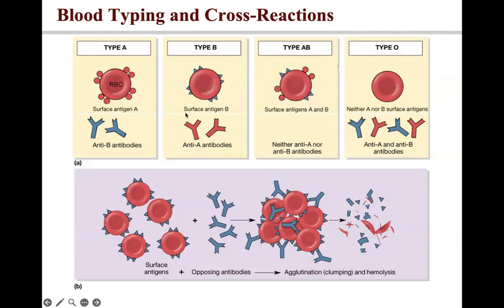But it can actually take up type O because it does not have any antigen on the surface.